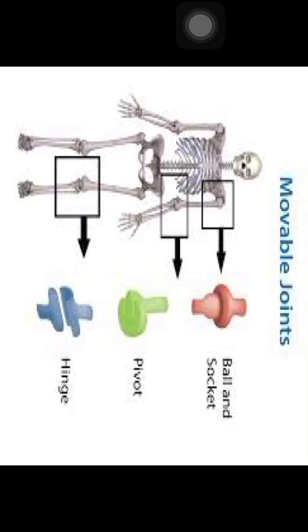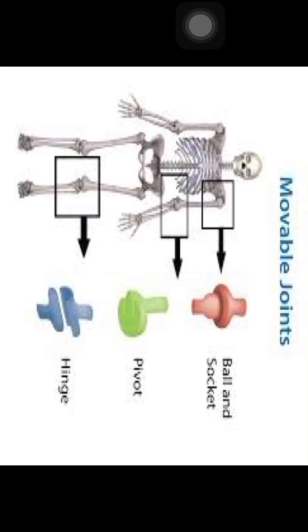Now, what is the function of this synovial fluid? This synovial fluid helps the movable joints to move smoothly without any friction. Now, there are 4 types of synovial or movable joints.